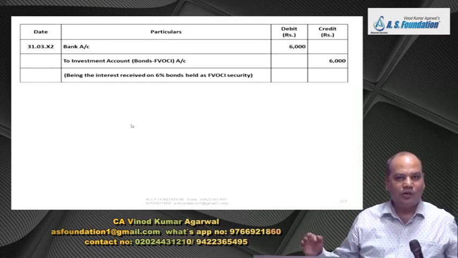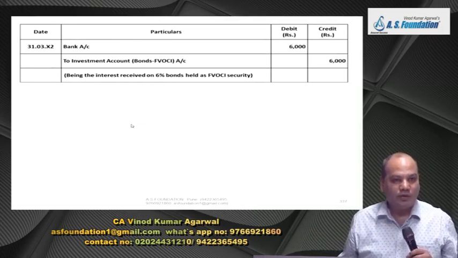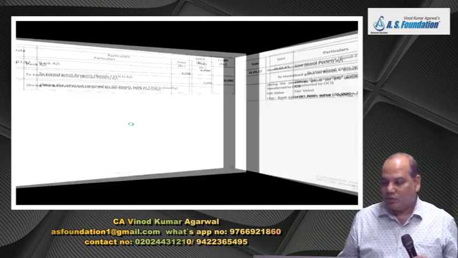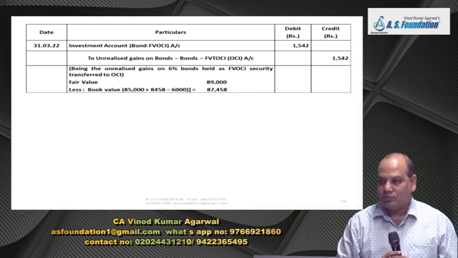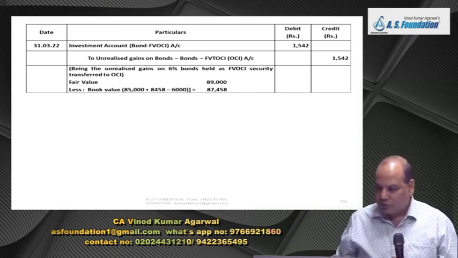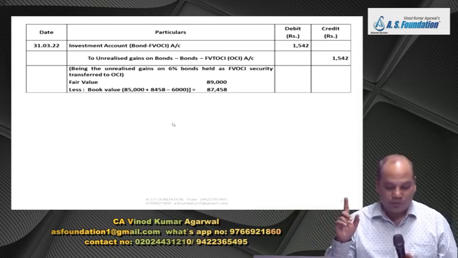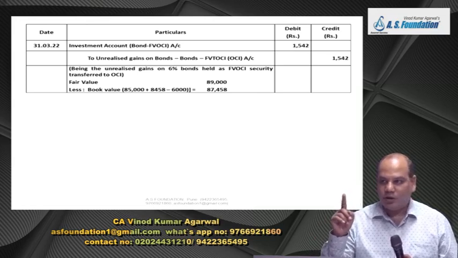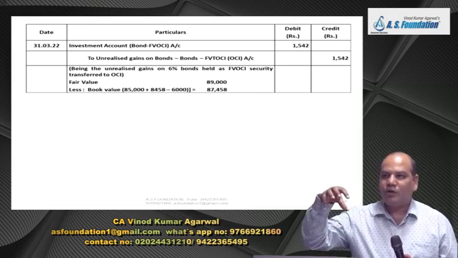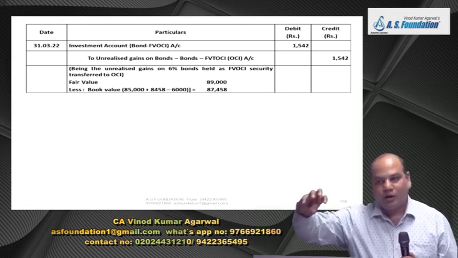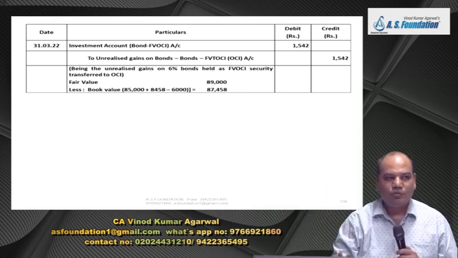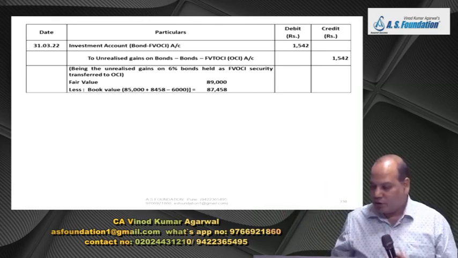Right. Now we have to pass one last entry for fair value. What is the fair value of the instrument at the end of the year? 89,000. So we have to keep the balance of 89,000, and the remaining amount I will transfer to OCI. Is it right?